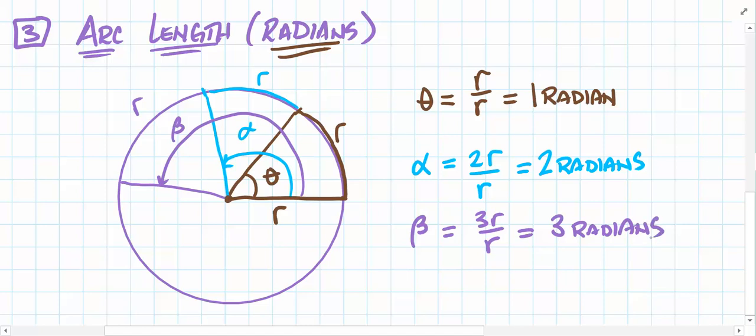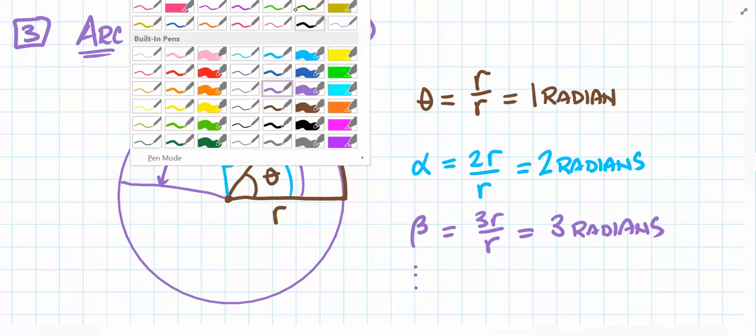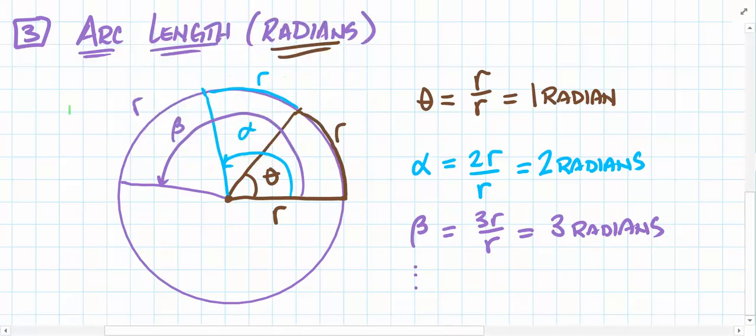So that means, in general, let's say if I just kept going with this, let's say for example I didn't land on exactly an even integer multiple, or any integer multiple of r. Let's say I just want to find this length right here, which is this green arc. I'm looking for the angle that's represented by that. Well, what's the relationship here?